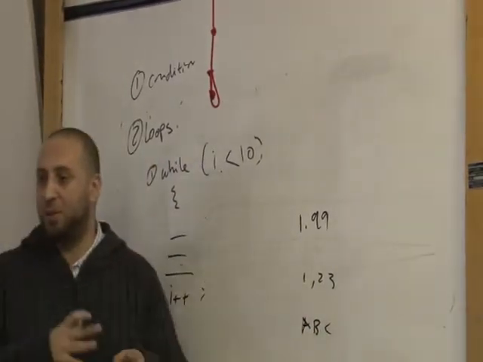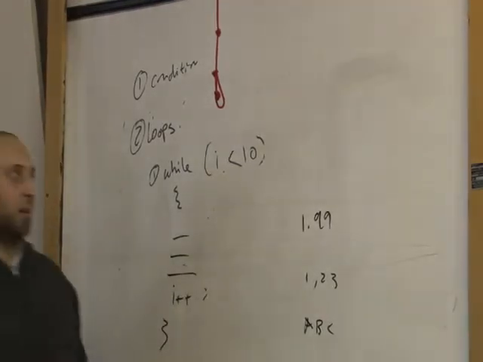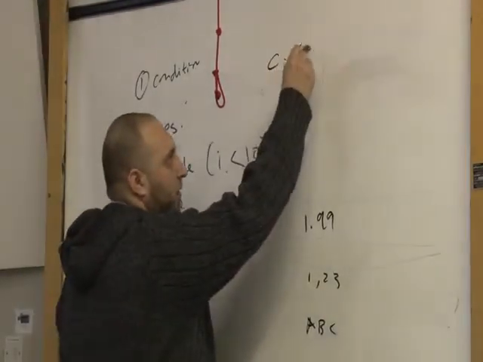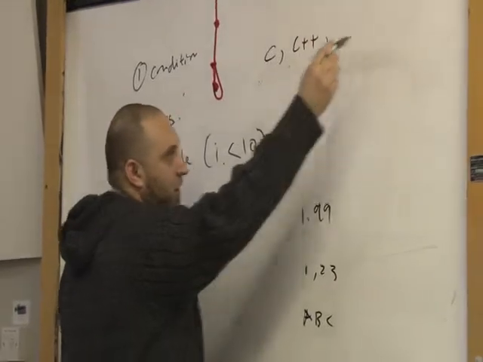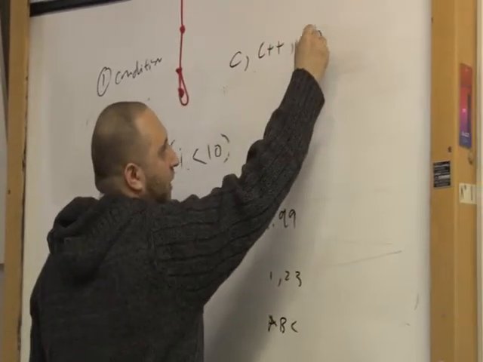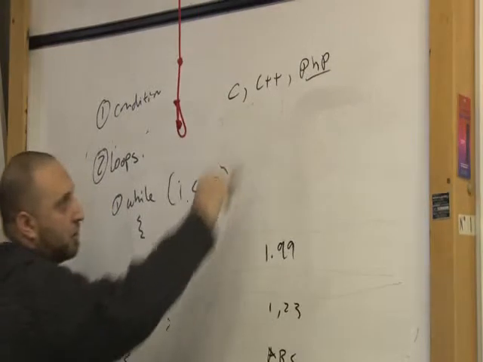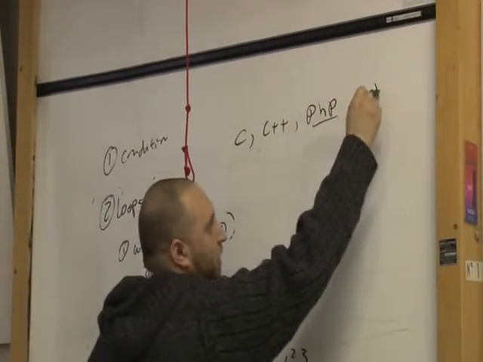So we'll define that in the beginning. In most languages, sort of like C, C++, Pascal, PHP, not PHP actually, but PHP is just slightly different, and Objective-C as well.